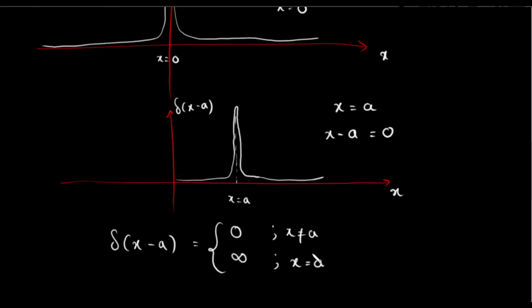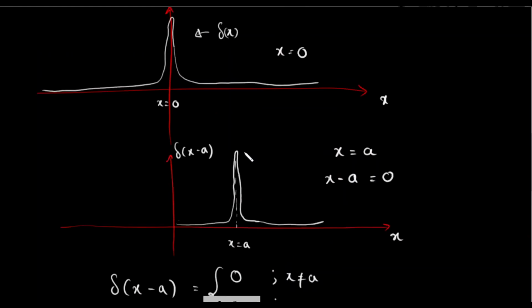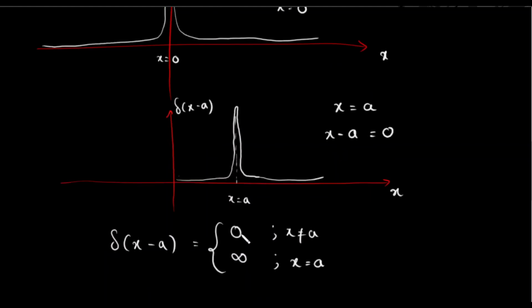Previously we saw that when x equals 0 there is a value for this delta function, but when we shift this delta function to the point a, we have this delta function at x equals a. So it has a value there, and the area should be equal to 1 when x equals a.